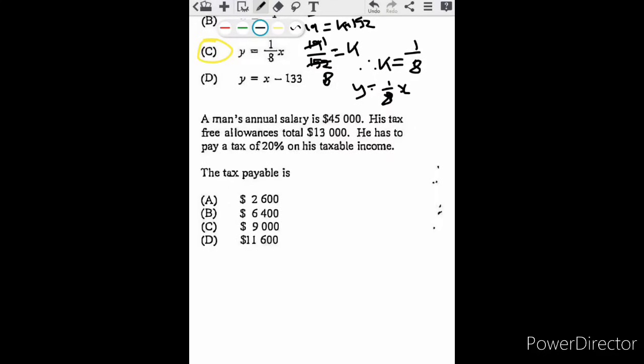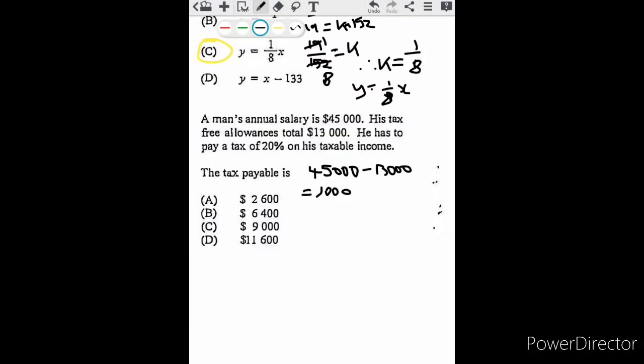From this question, we can take away that his total salary is 45 and he has a free allowance of 13, which is non-taxable. So therefore, to get his taxable amount, we subtract the 13,000 from 45,000, and we'll have 32,000.